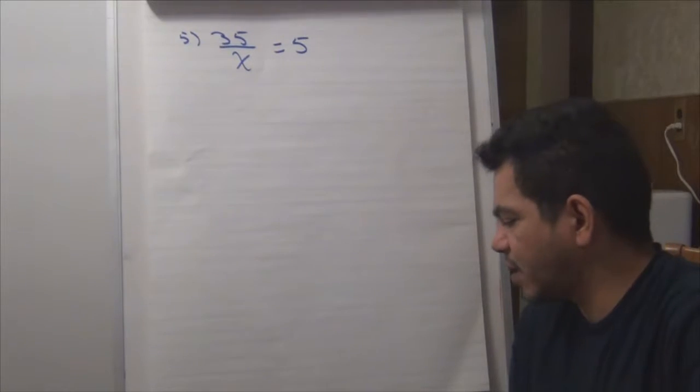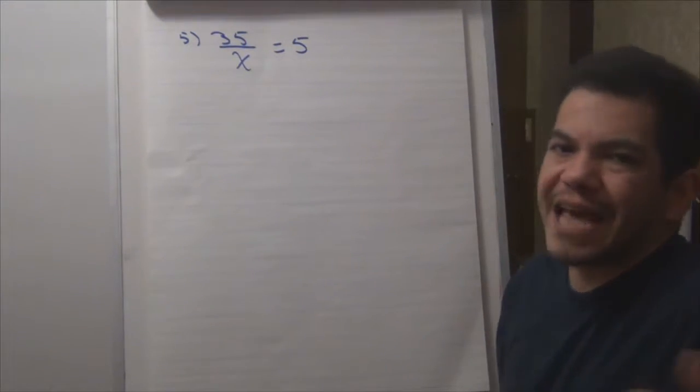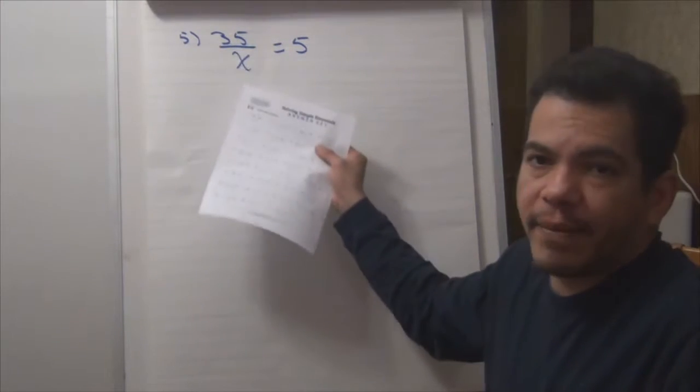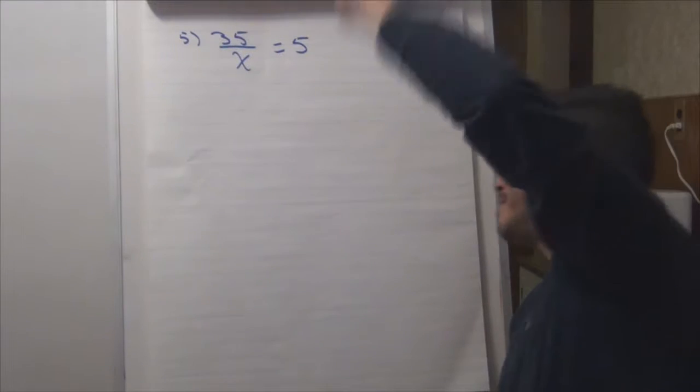Okay, I have no idea what that is. So 35 divided by a number is 5. Of course, I know the number is 7 because 35 divided by 7 is 5. But algebraically, let's see what's going on.